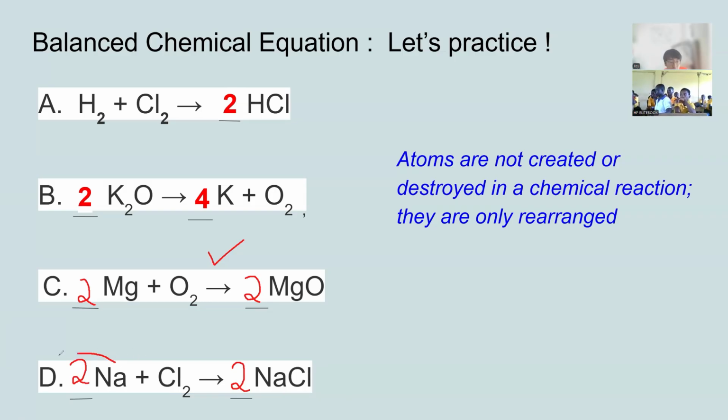So it balances Na and Cl as well. So this is balanced. So this is balancing chemical equations. And yeah, I hope that makes sense for everyone. We are trying to make the number of atoms on the left side and the right side equal to each other.